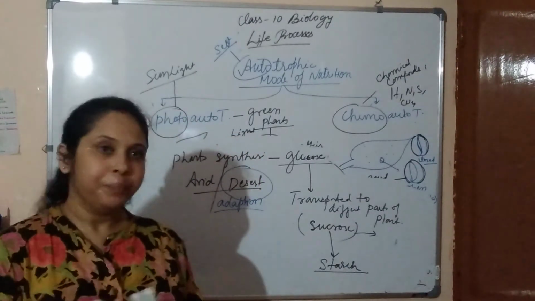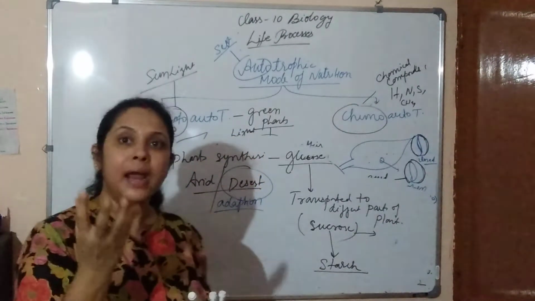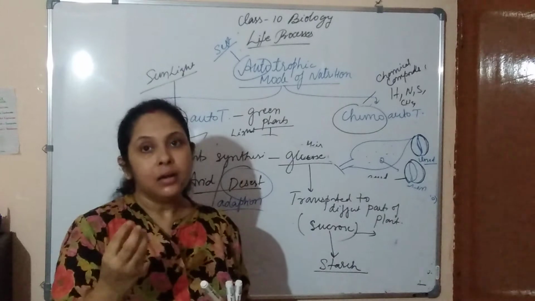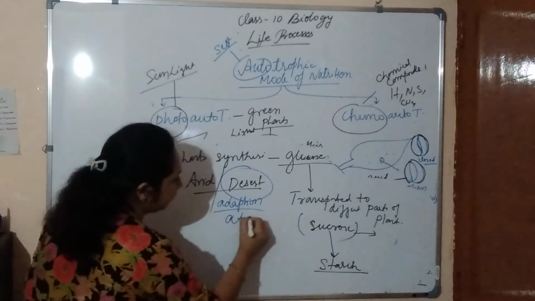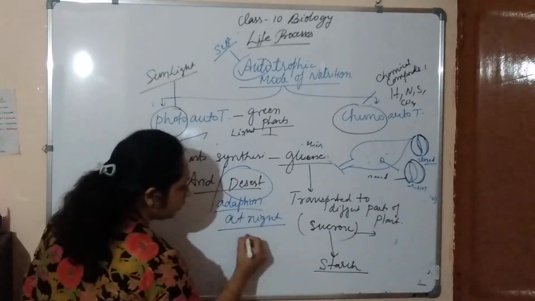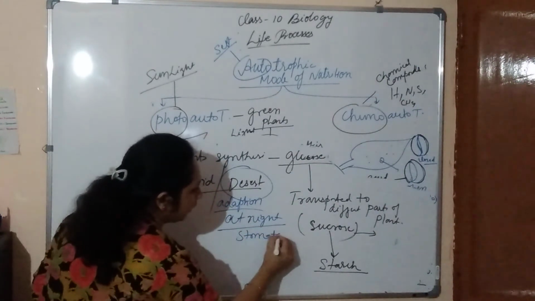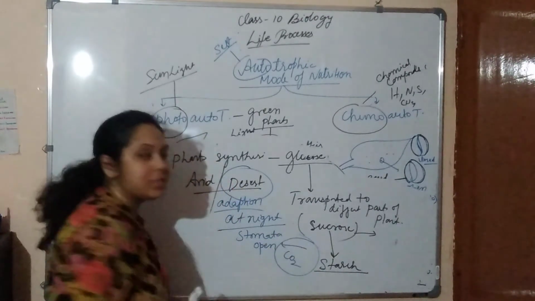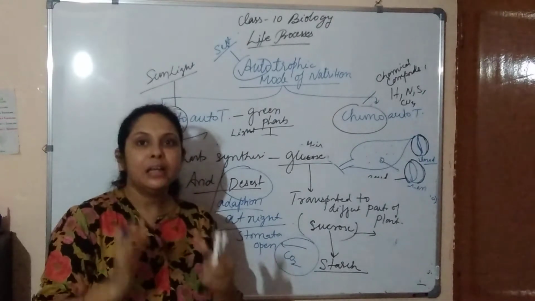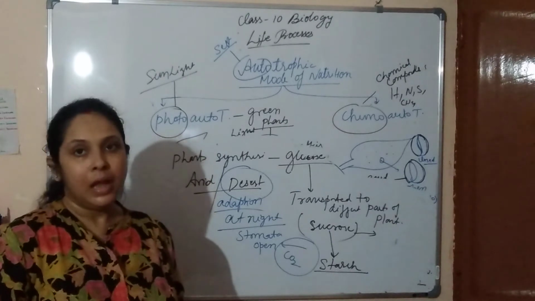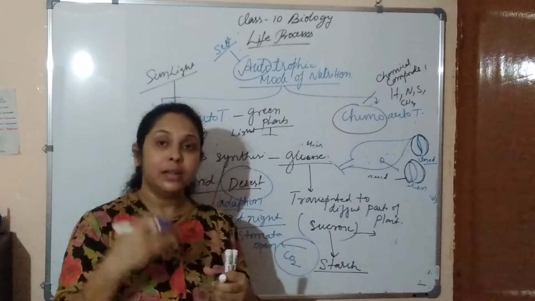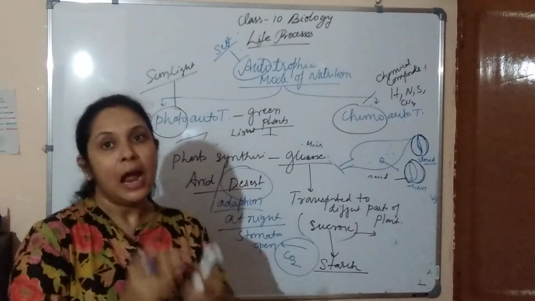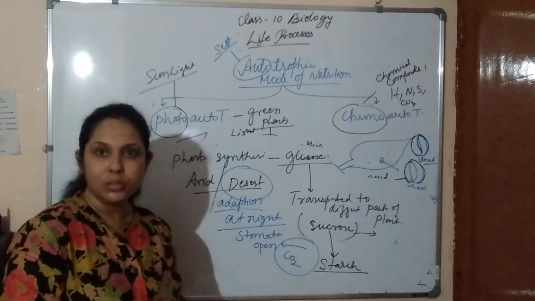At night the stomata open, and they take the carbon dioxide from the surroundings, and they make an intermediate product. And when the day occurs, when the sunlight comes, that intermediate product, with the help of sunlight and chlorophyll, does the process of photosynthesis.